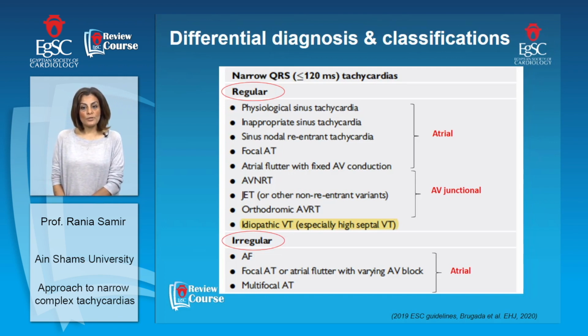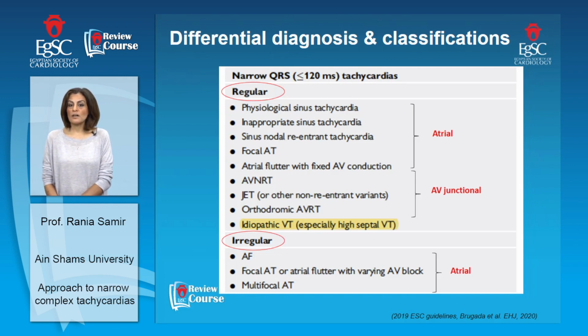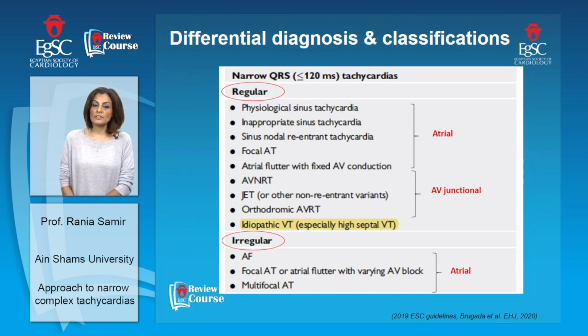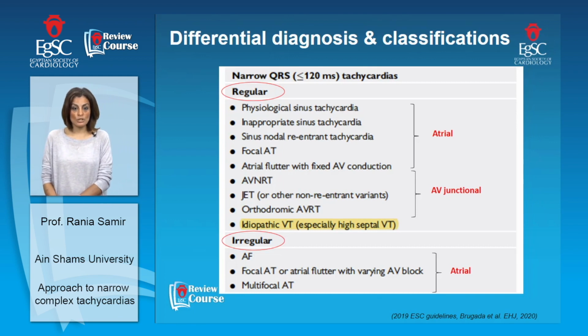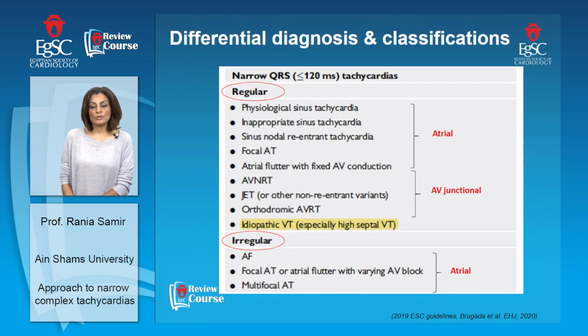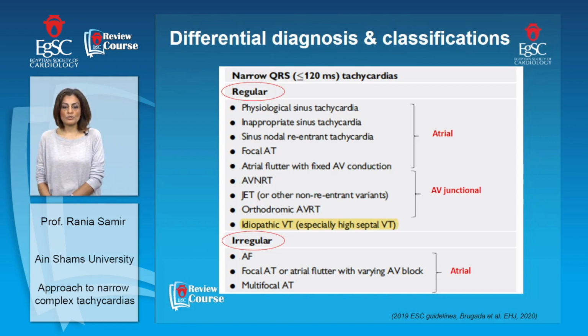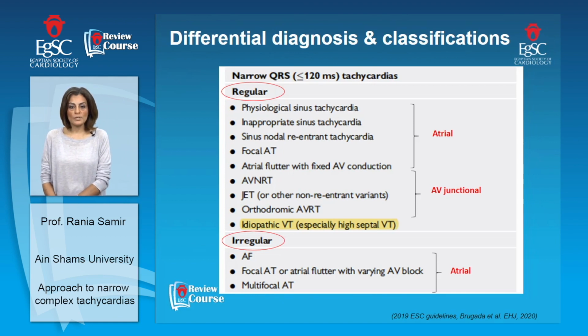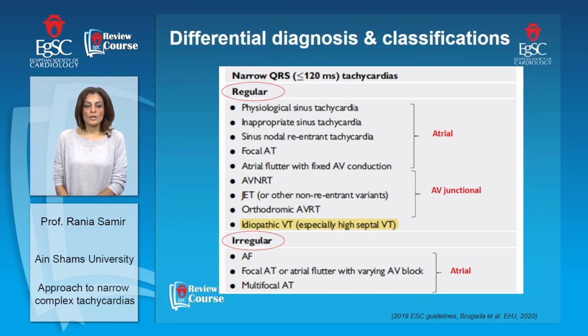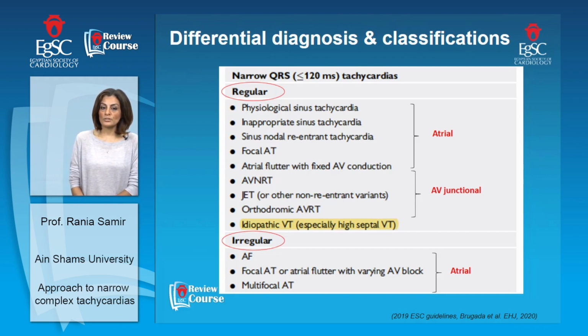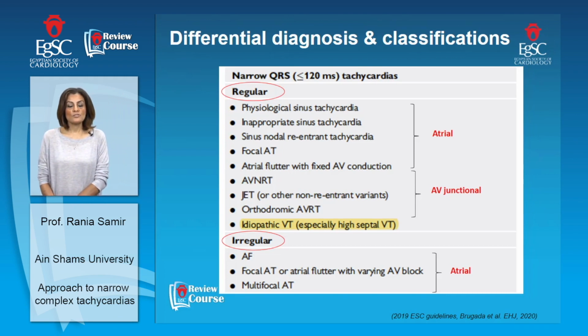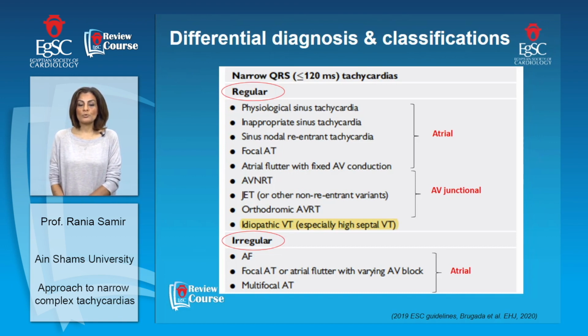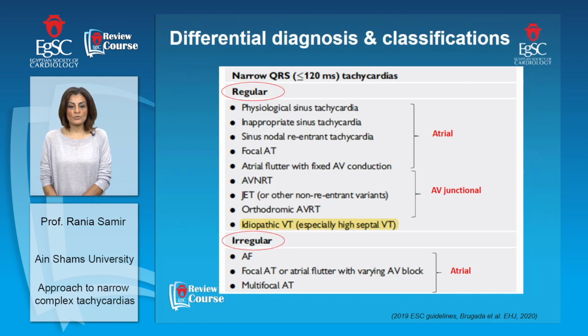The regular atrial arrhythmias included within the narrow complex tachycardia are the sinus arrhythmias, including physiological or inappropriate sinus tachycardia and sinus node reentry. It also includes focal atrial tachycardia or atrial flutter with fixed AV conduction. In AV junctional arrhythmia, the majority are reentrant arrhythmias, so all of them are regular arrhythmias, including atrioventricular nodal reentrant tachycardia, junctional ectopic tachycardia, and orthodromic tachycardia via an accessory pathway.